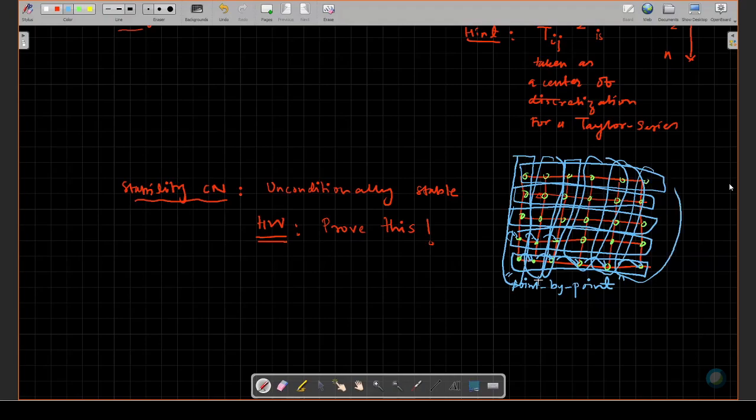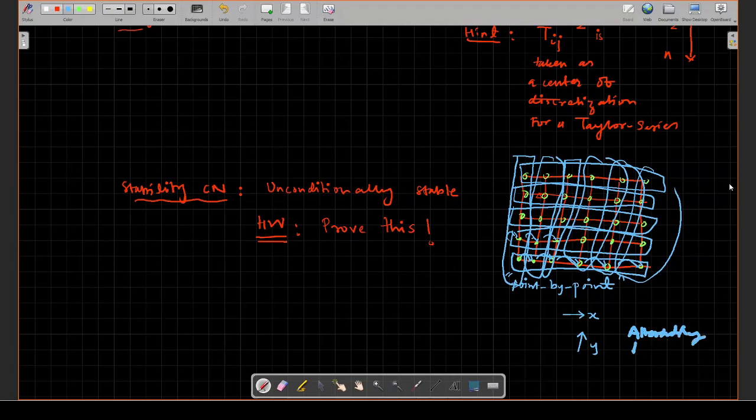And here what we are doing is alternating the direction. In the first case, we are moving along the x direction, and in the second case, we move along the y direction. So we are alternating the directions.